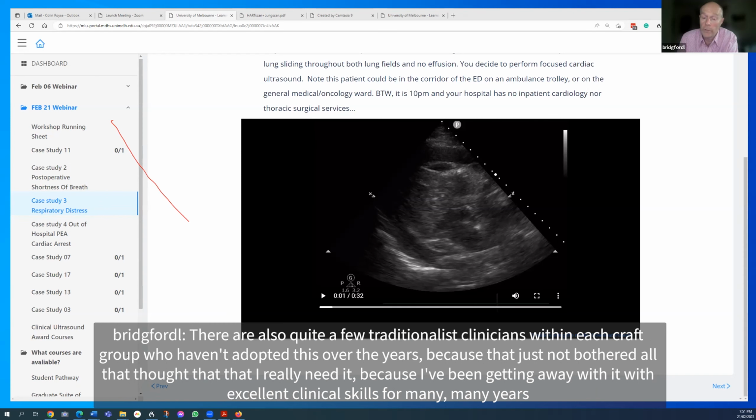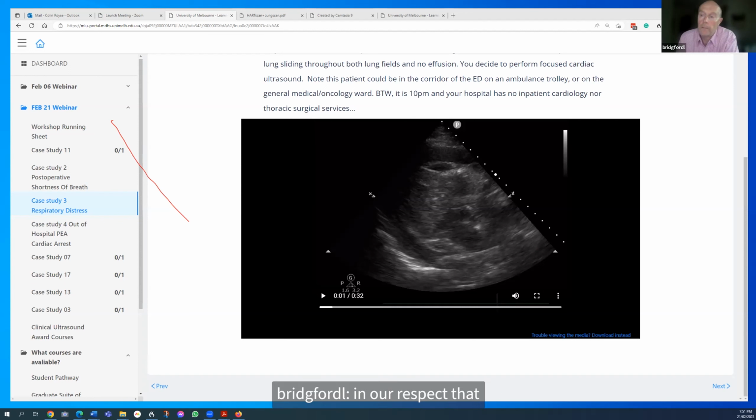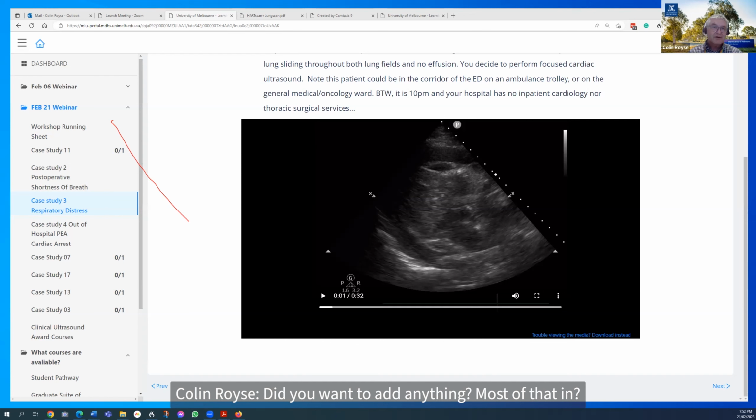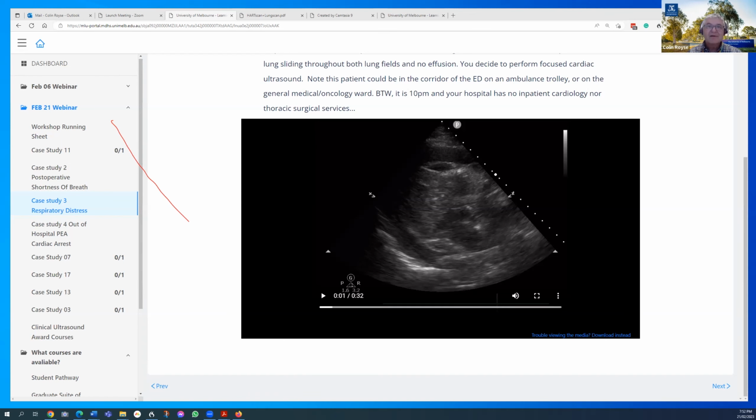There are also quite a few traditionalist clinicians within each craft group who haven't adopted this over the years because they've just not bothered, or they've thought that they don't really need it because they've been getting away with excellent clinical skills for many, many years. And I respect that. So there are pockets of skepticism that aren't necessarily the other traditional owners of these skills. Did you want to add anything more to that, Ian?